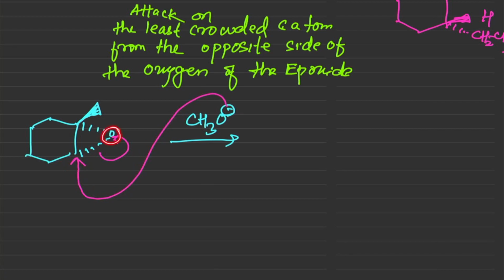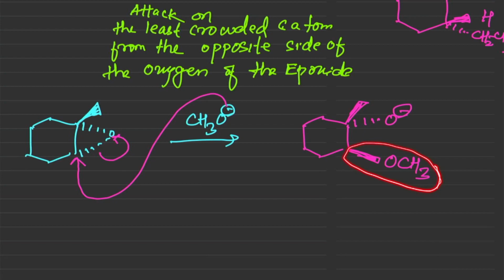The epoxide was on the dash, so it would be on the wedge. So the incoming group has to be on the wedge. It's going to be OCH3, and our other group is O negative. And this is still as it is. Everything stays as it is on this side, but the new incoming group OCH3 has to be on the wedge because the opposite side of dash is wedge.